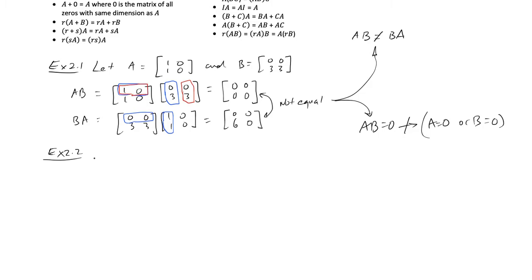Let's let C be [0, 0; 6, 0] and show that though B does not equal C, BA does equal CA.